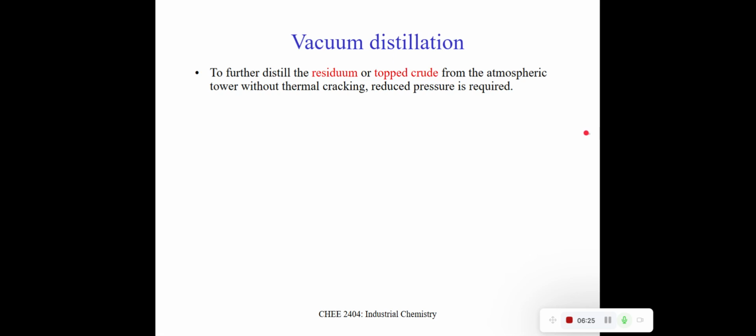The internals of the vacuum distillation tower are slightly different from the atmospheric distillation tower. Instead of using trays, we use demister pads or packing material, so that the contact between the liquid and vapor is high, and the surface area is high in the packing.